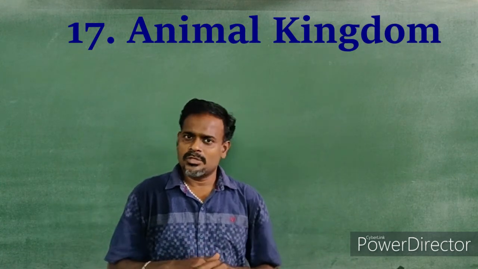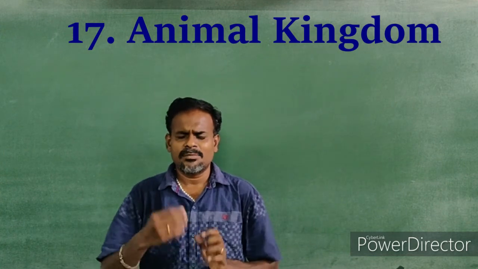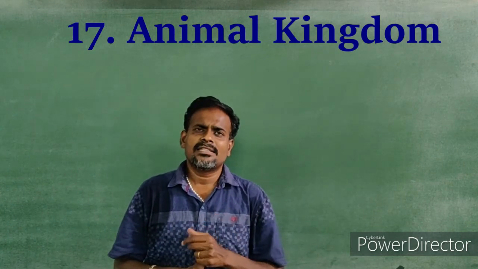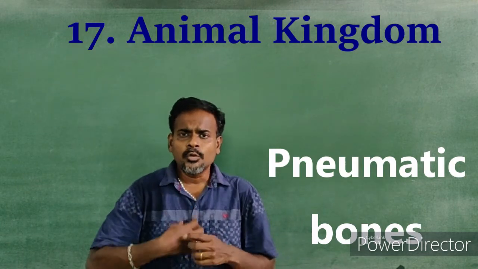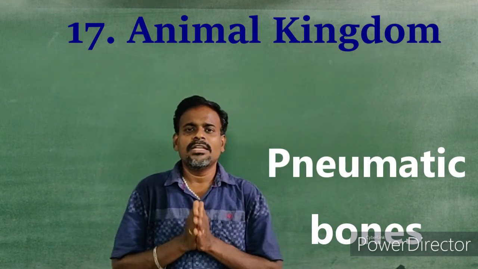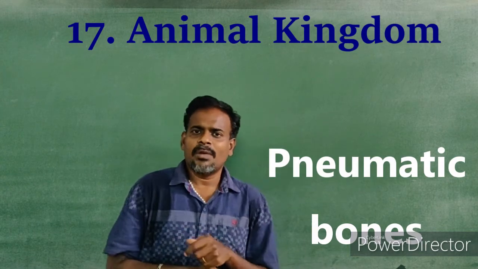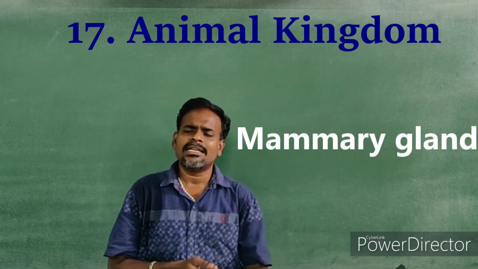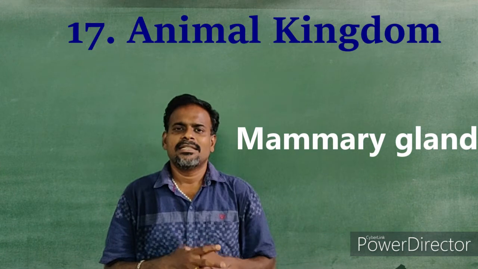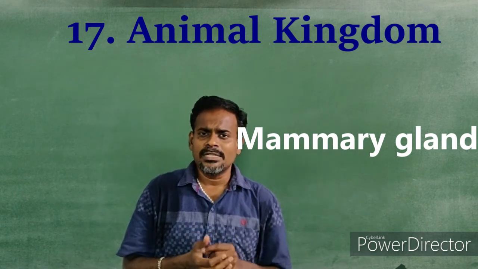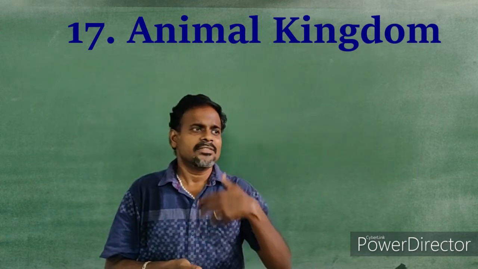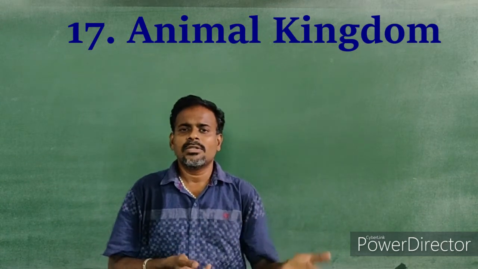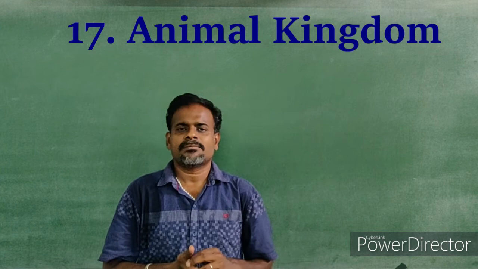Most birds can fly, except some which cannot. And since they fly, for buoyancy they have pneumatic bones filled with air. In the case of mammals, they have mammary glands, and so they are called mammals. That is, milk-producing glands known as mammary glands, which are found in the females, feed the young ones with milk, and so they are collectively known as mammals.